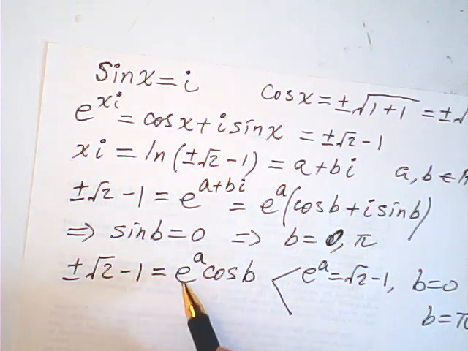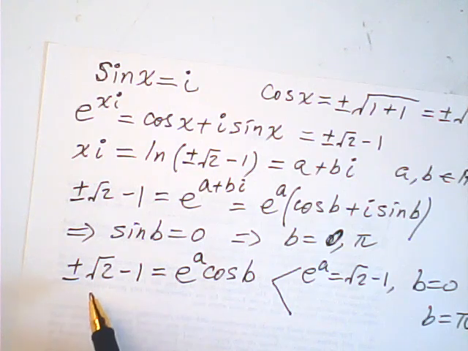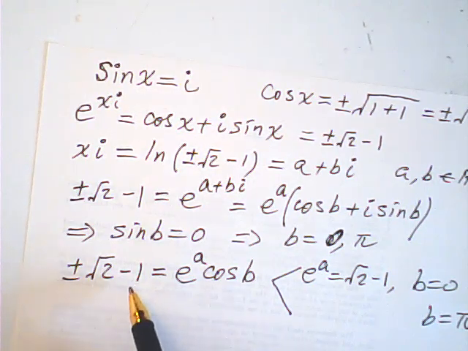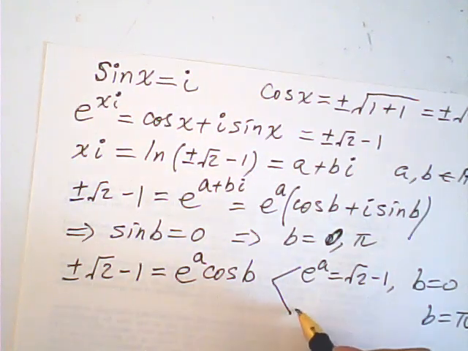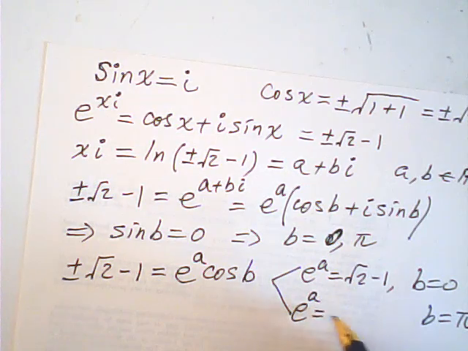If this is negative 1, this is positive. So this side must be negative, right? So it's a negative root 2 minus 1 is equal to negative e to the a. Therefore, e to the power a must be root 2 plus 1.